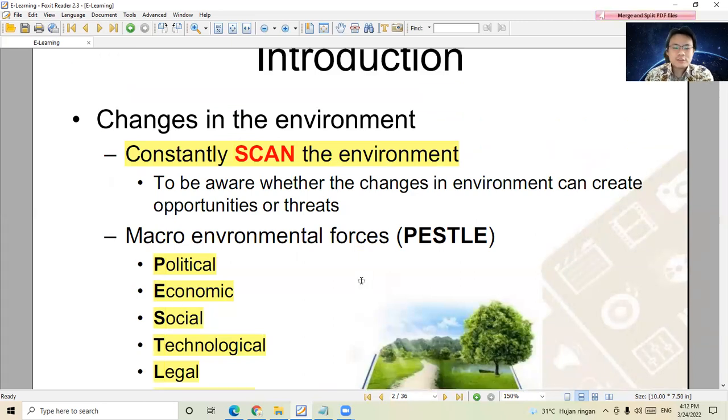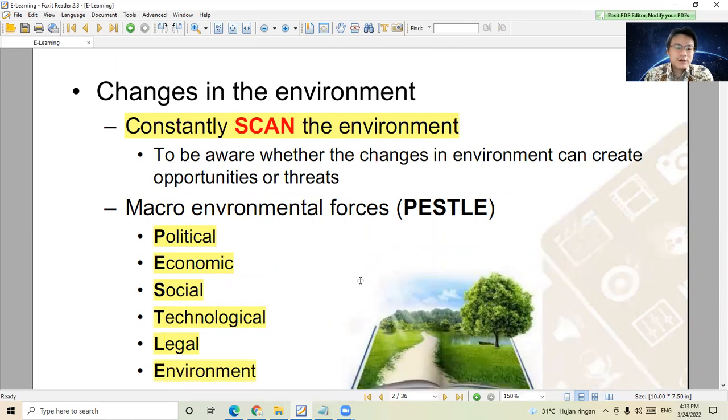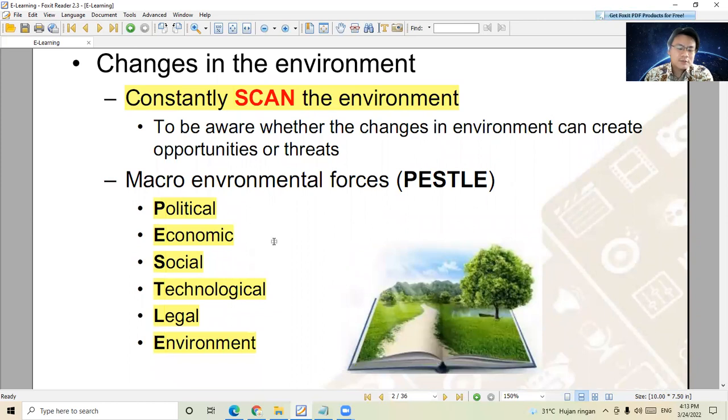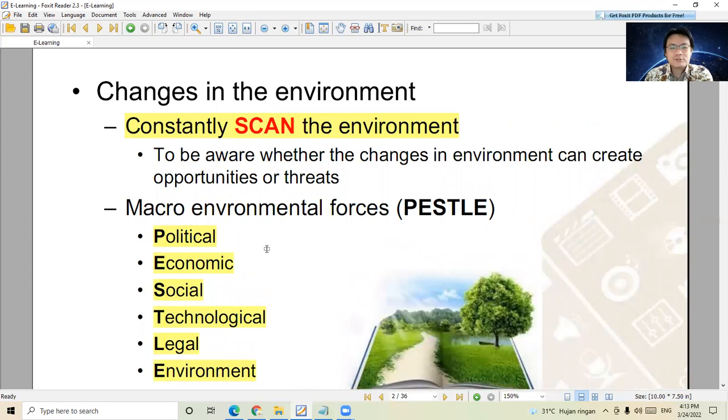And those factors surely would affect how we are conducting our digital marketing efforts, as well as the strategy. If there are any changes in these macro environmental forces, sorry, there's a typo here, we have to really consider those factors and include these changes in our strategy.